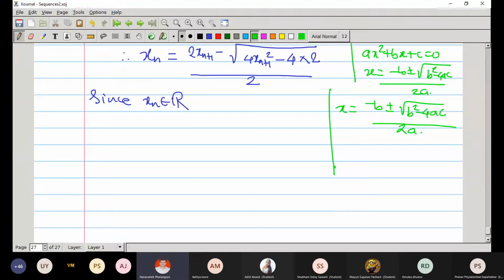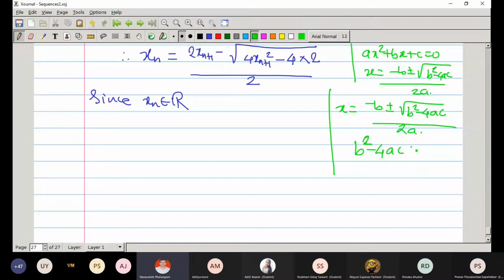When roots are real numbers, what is the characterization? b square minus 4ac discriminates whether the root is real or complex.